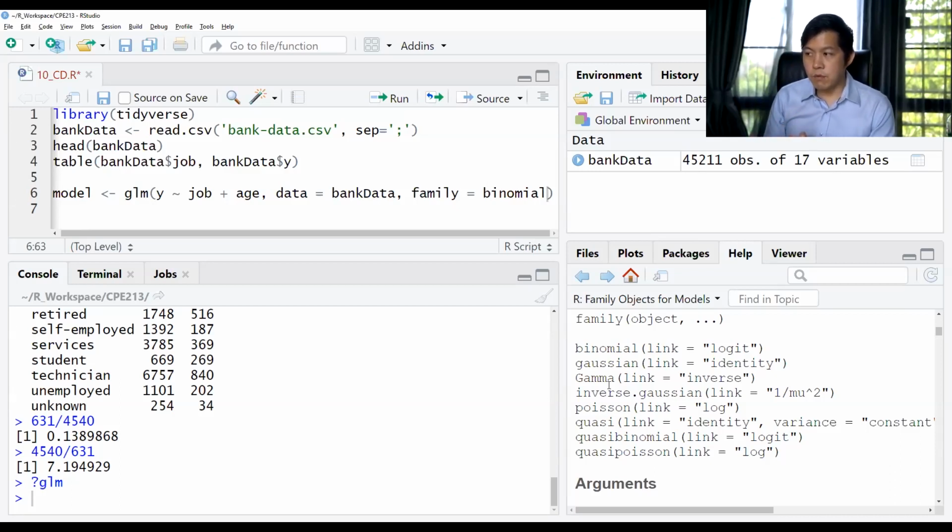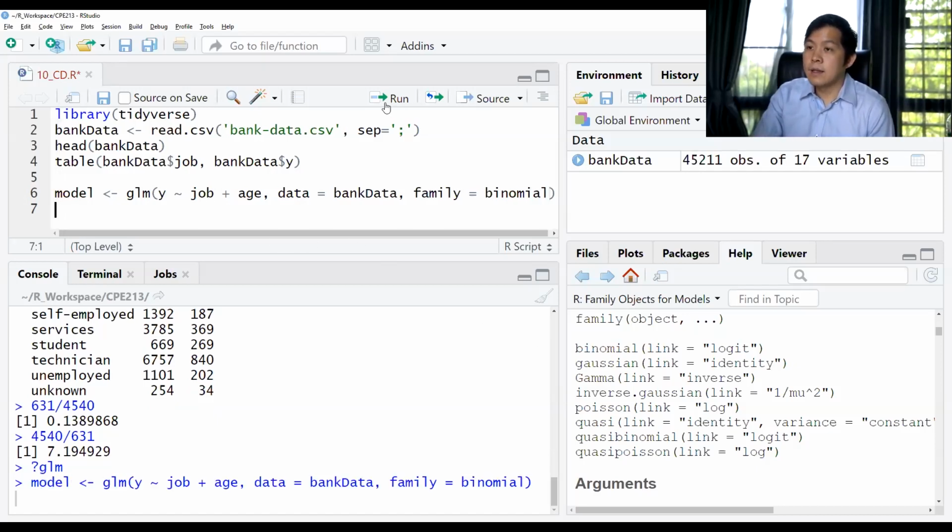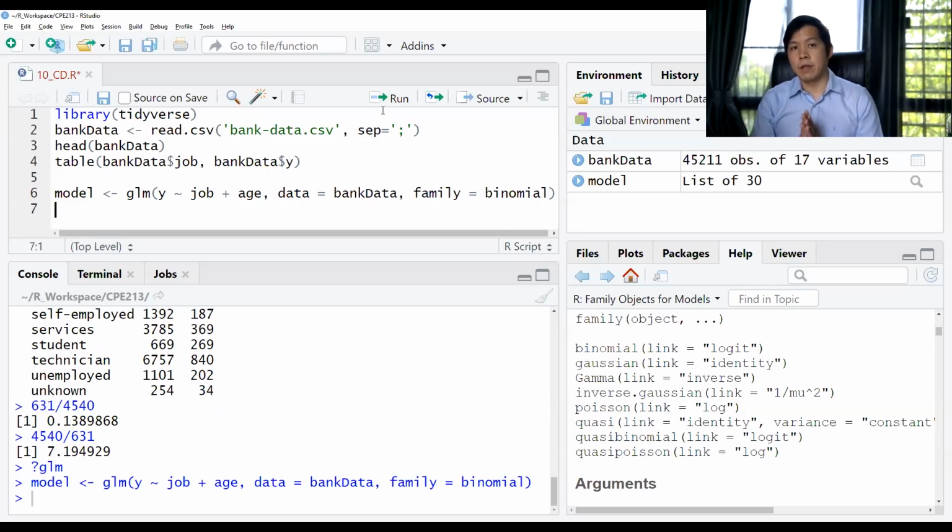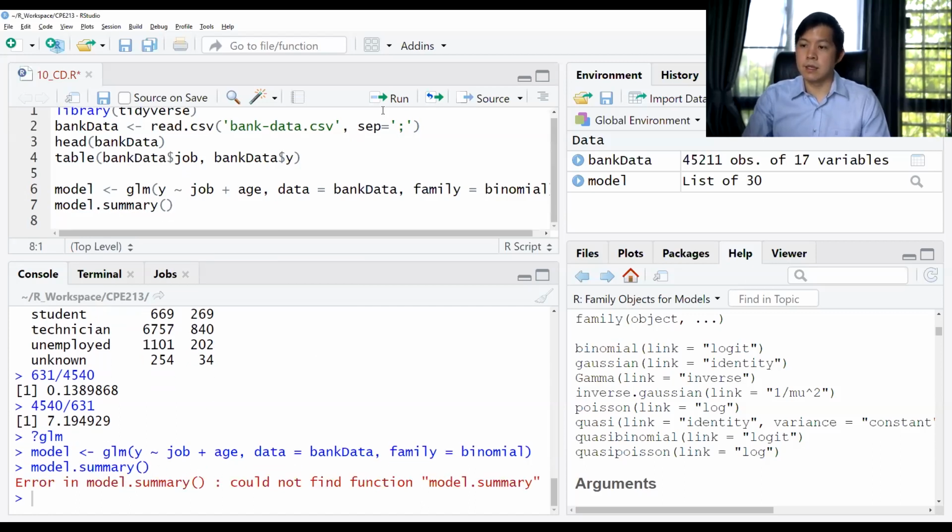What we will look at is just the binomial using the logit link function. Just like this, and here you have already created a logistic regression, right? The underlying mechanism is similar to what I showed you. It might be different depending on the detailed algorithm they use, but nonetheless it is the same.